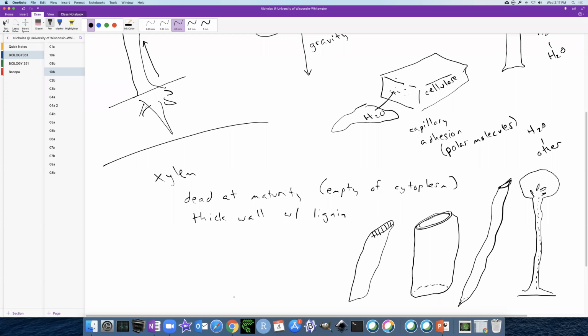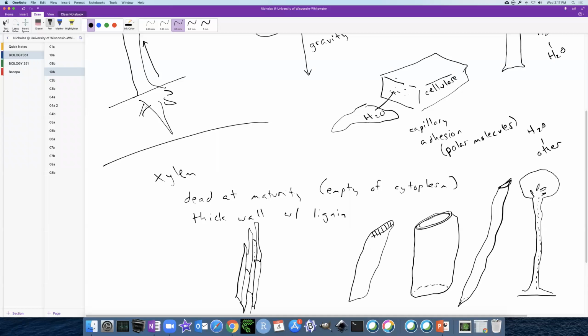And the danger in having these cells transport water is that they might end up filled with air instead. And if they're filled with air, they can prevent any water from getting through.